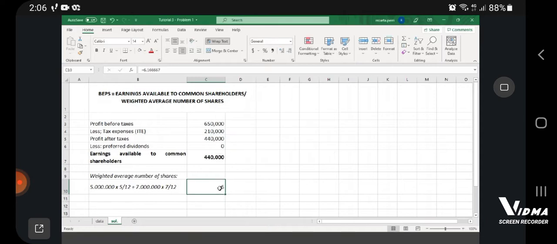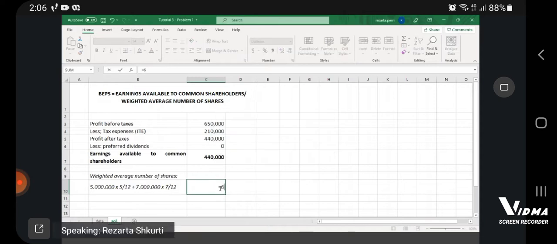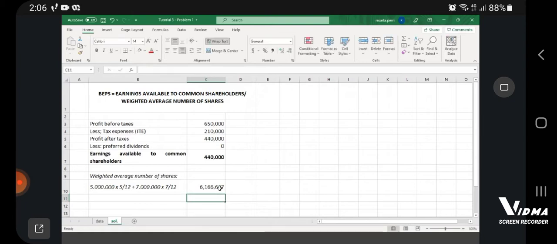Okay, sorry about that. This is a way how to calculate the number of shares.